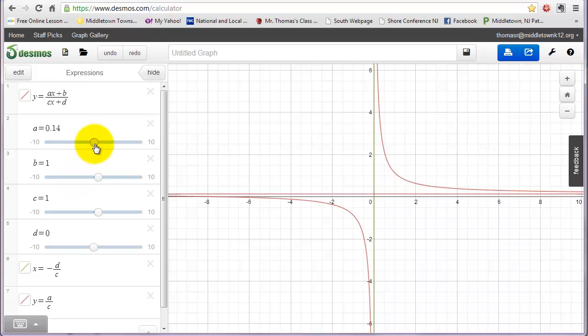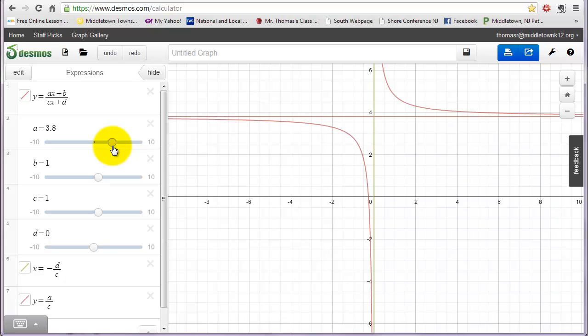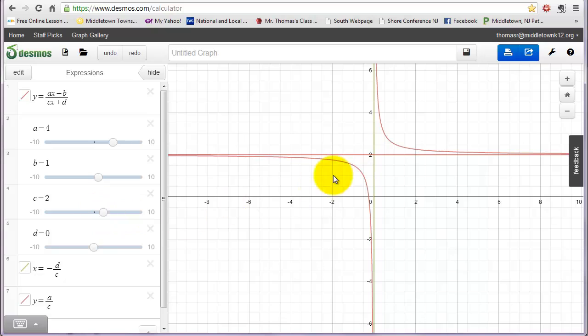So as a gets bigger, you can see it's causing the horizontal asymptote to be higher. Now right now c is 1, so 4 over 1 for a over c, and we have 4. If I increase c, say up to 2, because we're dividing, I've got 4 over 2, so now our horizontal asymptote is here.